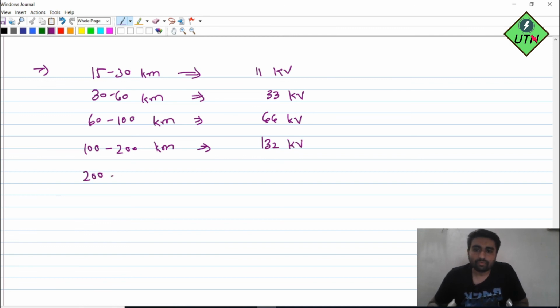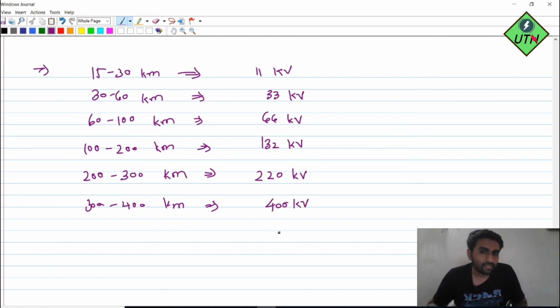Similarly, for 200 to 300 kilometers, we may go for 220 kV, and from 300 to 400 kilometers we can go for 400 kV.